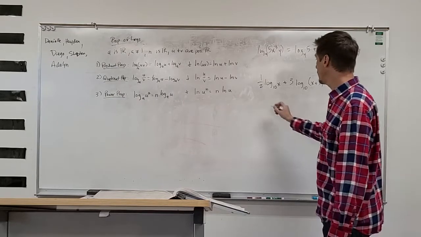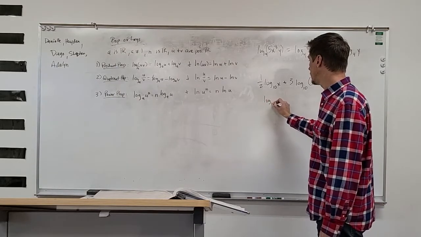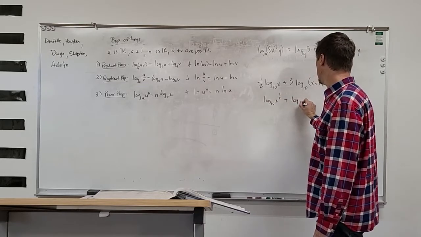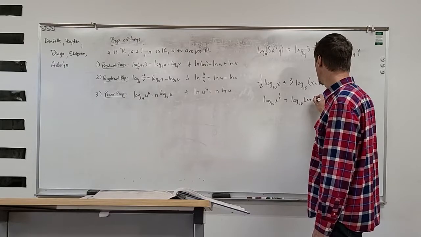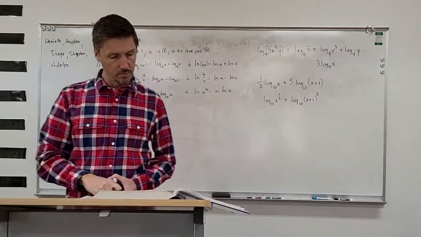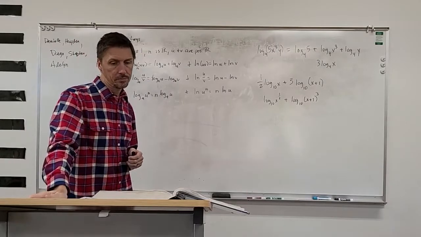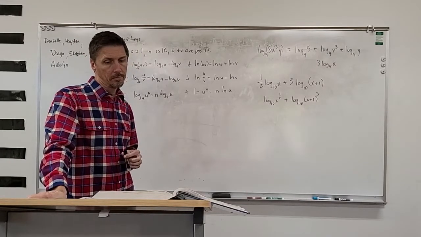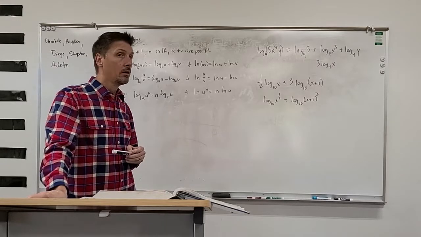So then I could rewrite this as log base 10 of x to the 1/2 power plus log base 10 of x plus 1 to the 3rd power. You guys follow that? Does that make sense?